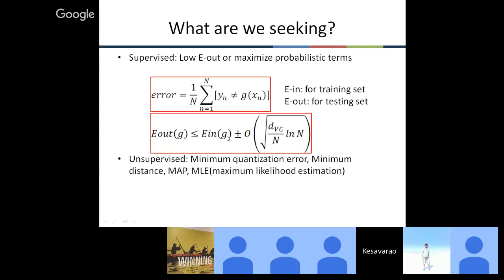What that means is the error factor in your testing data set should always be less than or equal to the error factor of your training set. If it is the other way, your model is useless.